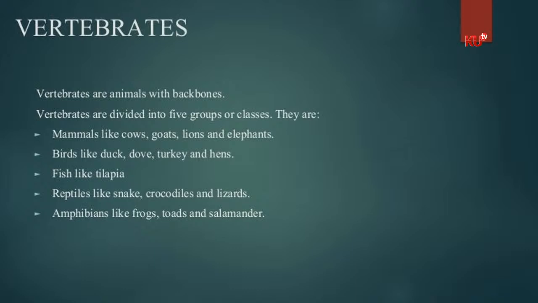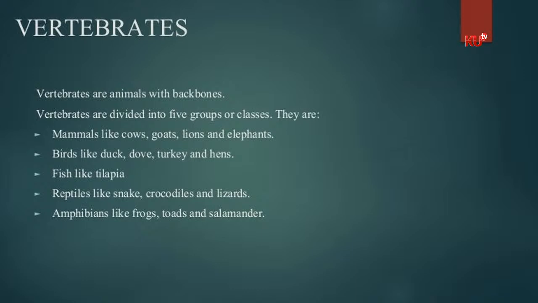We have the snake is a reptile. We have the crocodile as another example of reptiles, and lizards, among many others that when we check in our textbooks, we can add like a tortoise and turtle. They also fall in the group of reptiles.